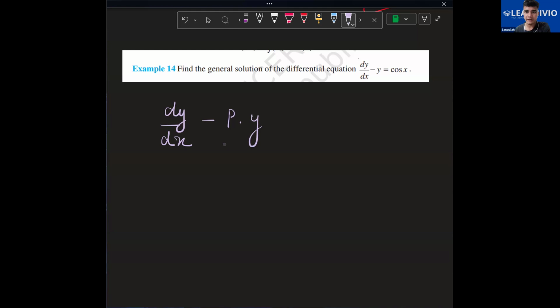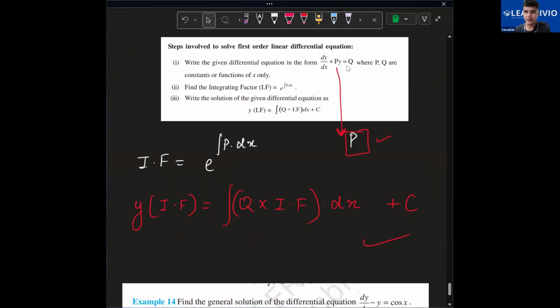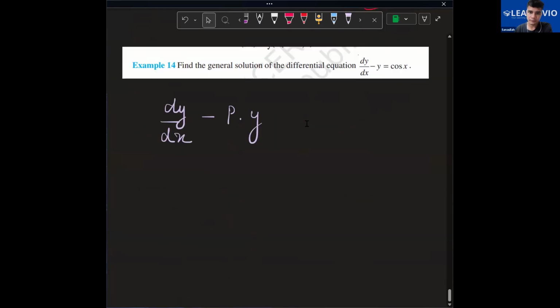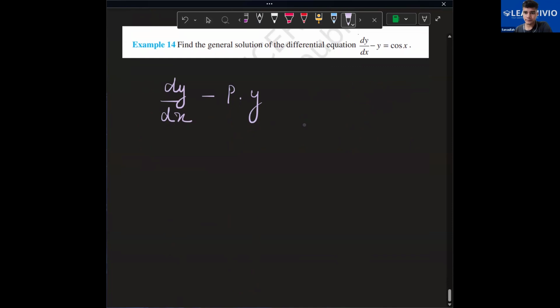You know what the standard form is? dy by dx plus py equals q. Here it is dy by dx minus y equals cos x.